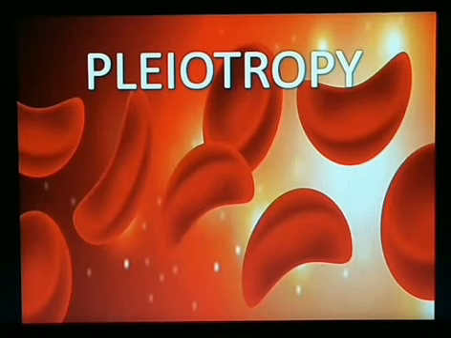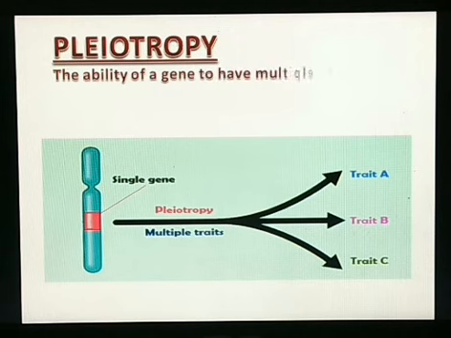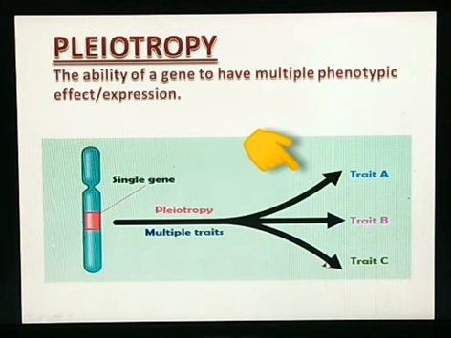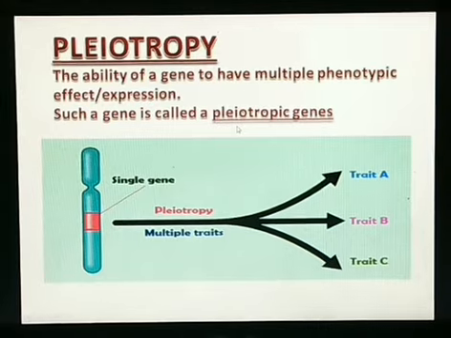The next pattern of inheritance is pleiotropy. It is the ability of a gene to have multiple phenotypic effects or expressions. That means here a single gene is responsible for showing many phenotypic characteristics or traits. Such a gene is called a pleiotropic gene.